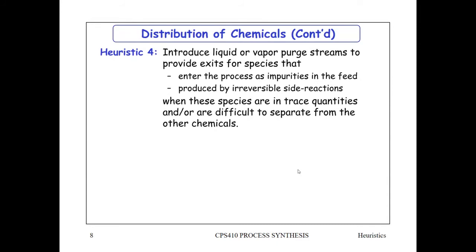Yes, Philip, go ahead. Prof, I just want to ask with regards to the DWSim that we did last week. Why would we not try and remove the argon before the reaction, according to heuristic 3? Yeah, because the boiling point of argon is going to be less than minus 200 degrees C, so it's very close to absolute zero. Now, if you're going to use distillation, for instance, how are you going to make a distillation column that's going to remove that argon?